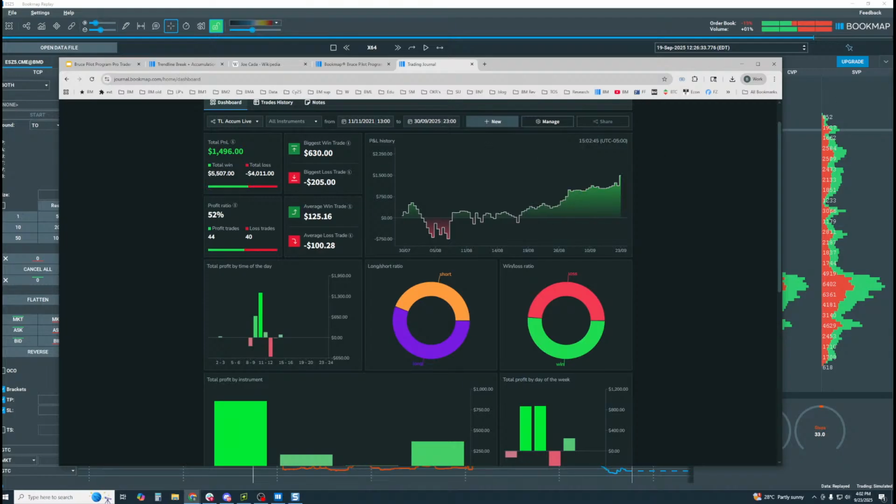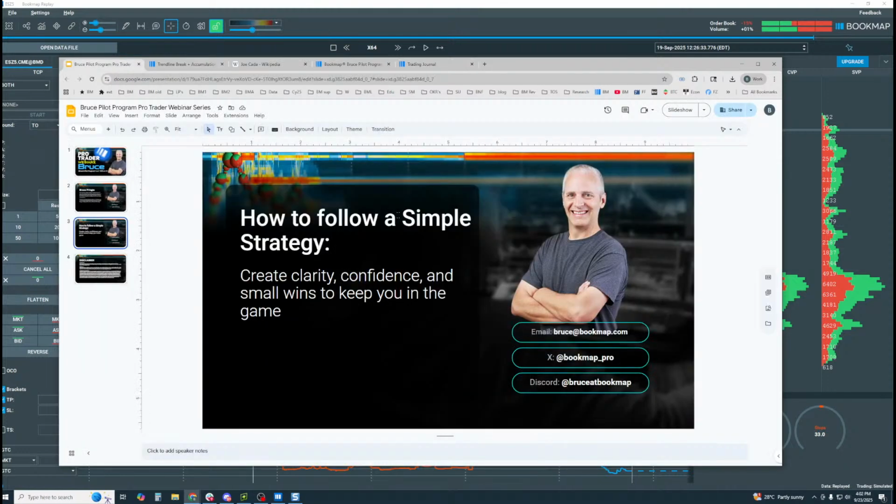And again, let's go back to the presentation, how to follow a simple strategy. This is where we're going to start and create clarity, confidence, and small wins to keep you in the game. Then we'll start to go wide, and we'll start to get into more setups, variations on those setups, but they're going to be your setups, not mine.